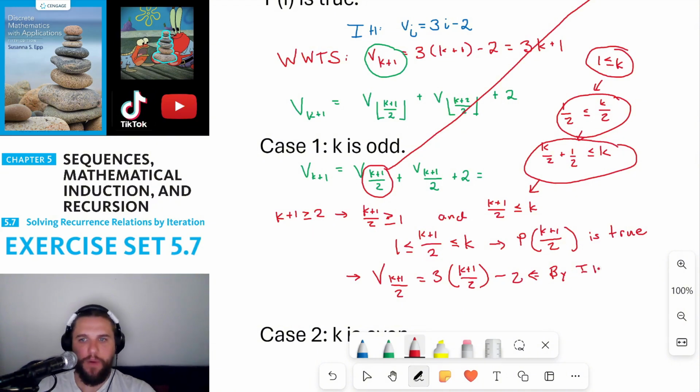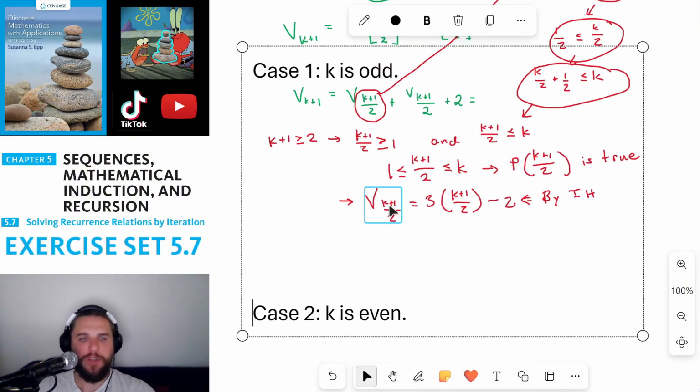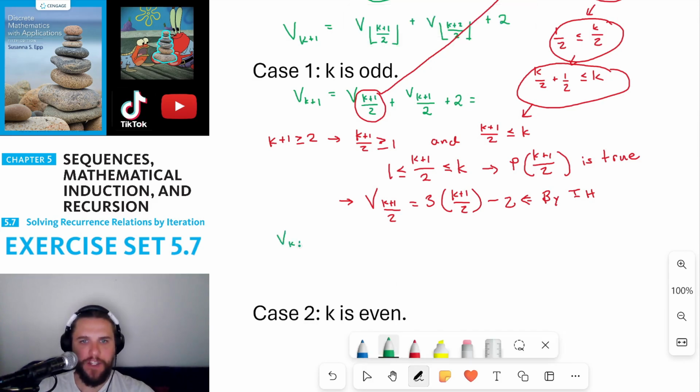We need to tell the reader that we're using the inductive hypothesis here. Now that we have an expression for v sub (k plus 1) over 2, we can substitute in this green expression here to get that v sub k plus 1 equals 3 times (k plus 1) over 2 minus 2 plus 3 times (k plus 1) over 2 minus 2 plus 2.